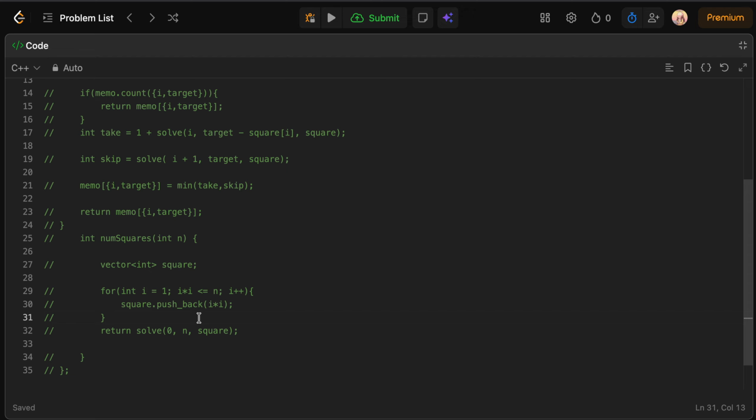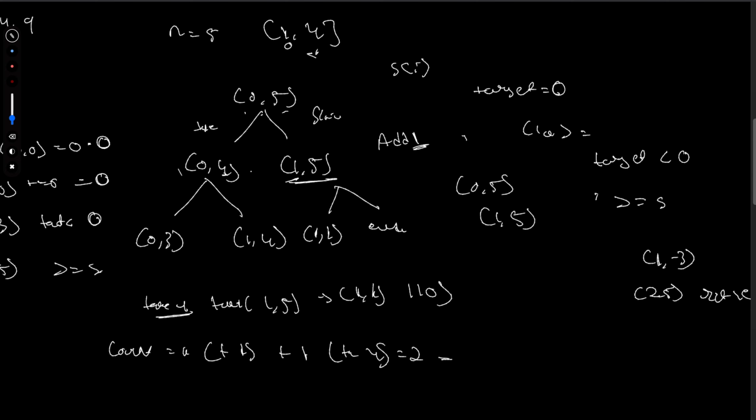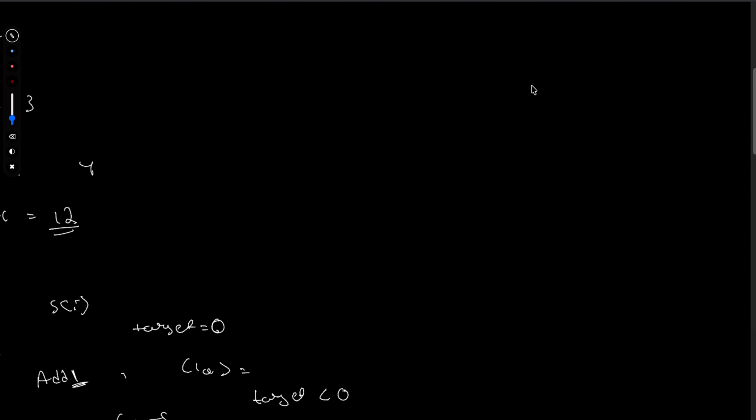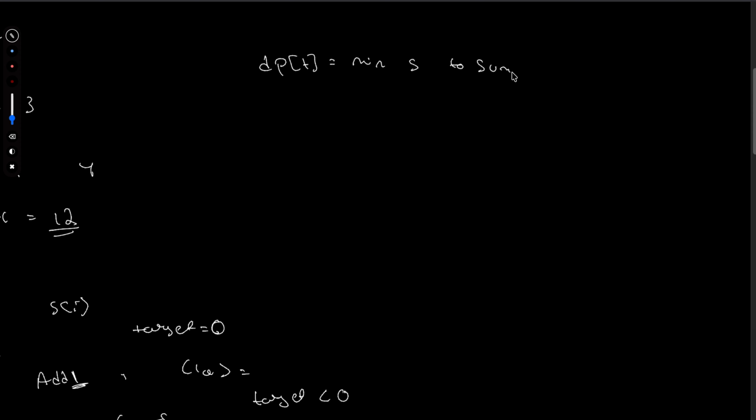First we need the target, the remaining sum. So the DP array looks like this: DP of t means the minimum squares to make sum t.